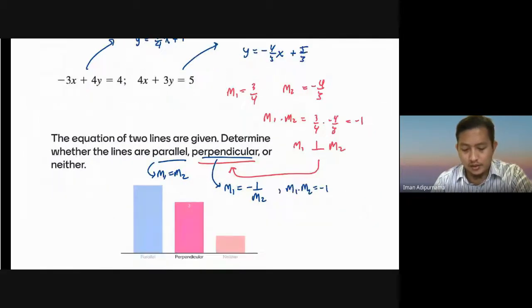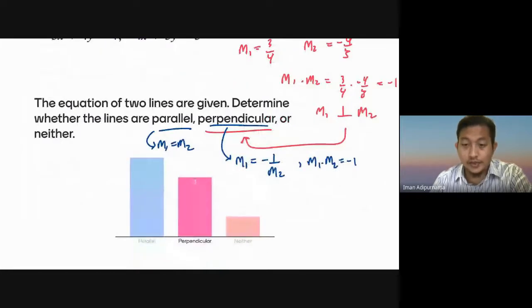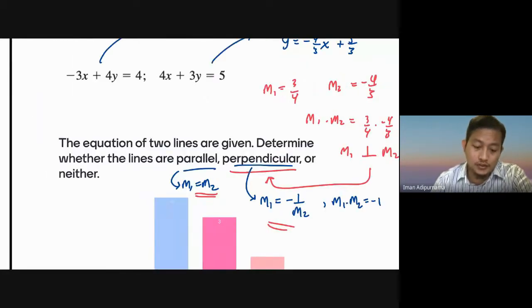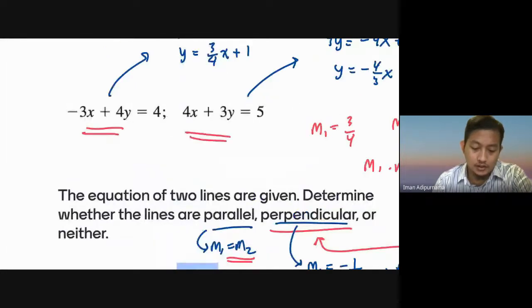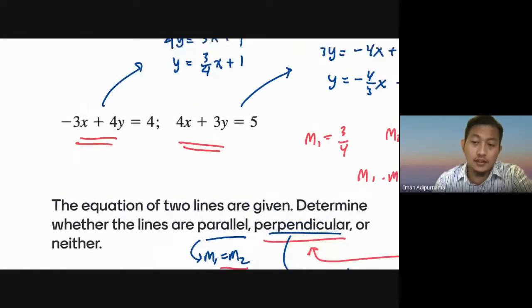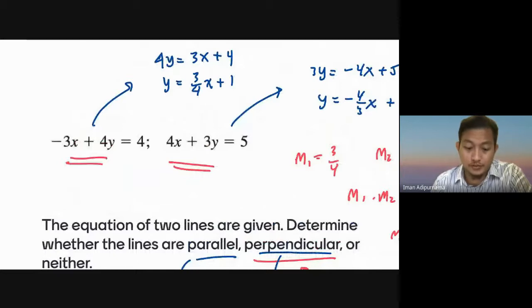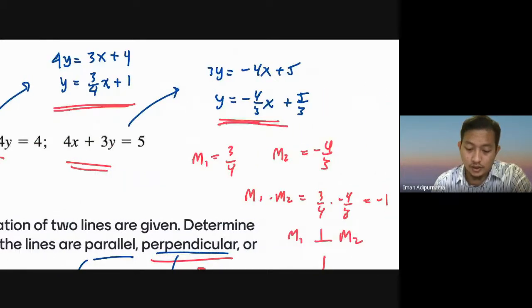We have this requirement here about the gradient for parallel and perpendicular. If you look here, these two equations, we can simplify both of them to become this and this.